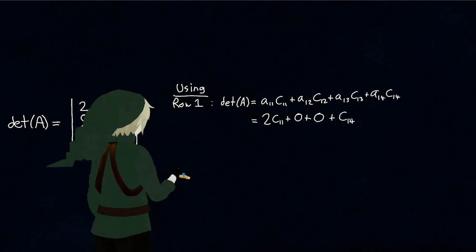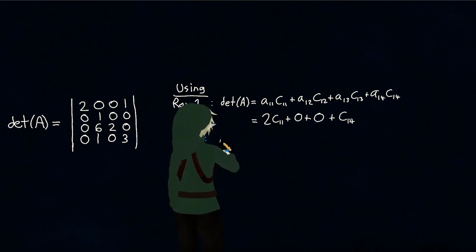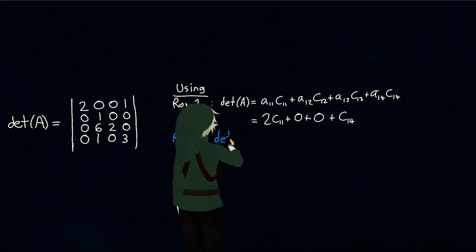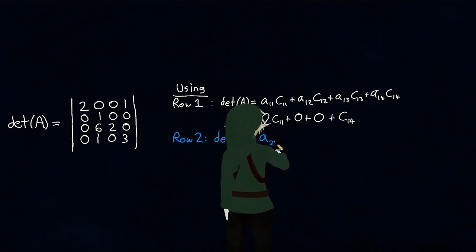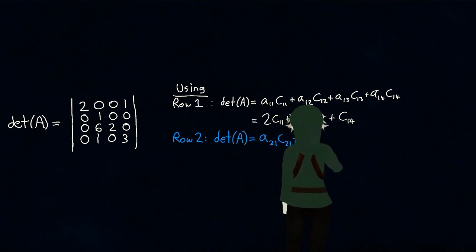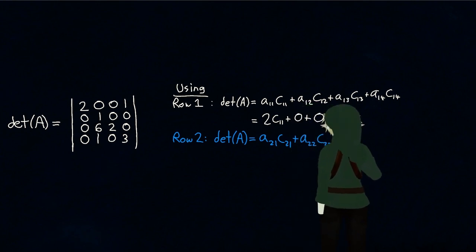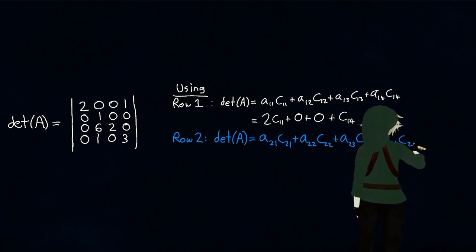And so, when we work with row 2, our determinant of A is equal to A21 C21 plus A22 C22 plus A23 C23 plus A24 C24.